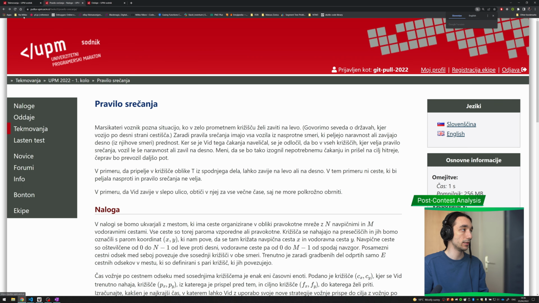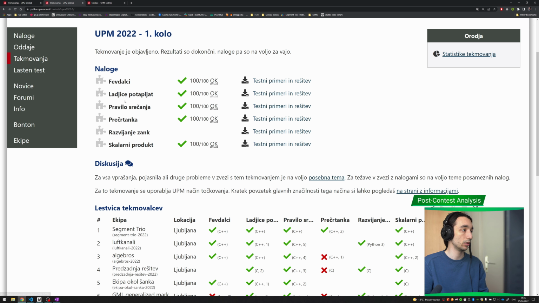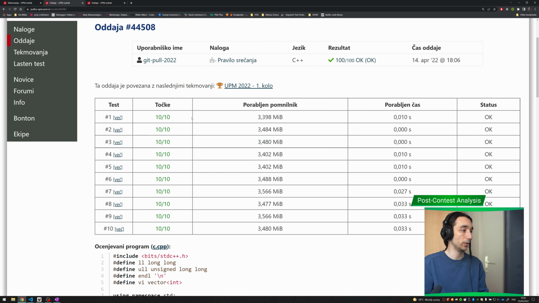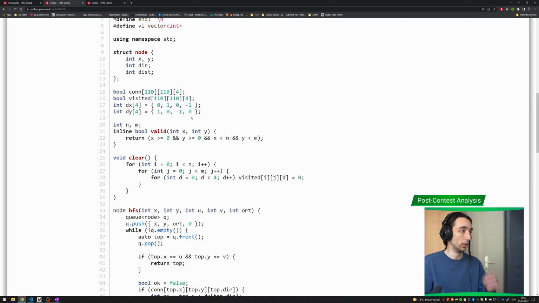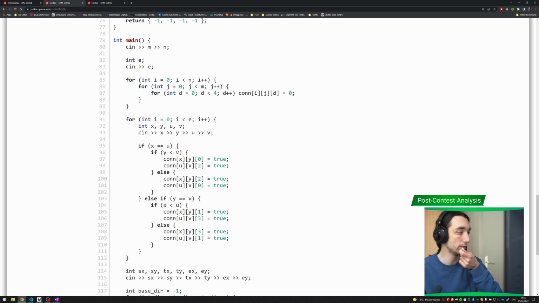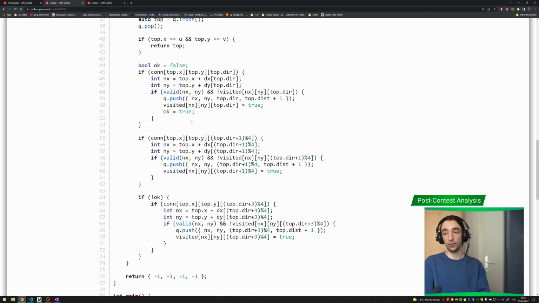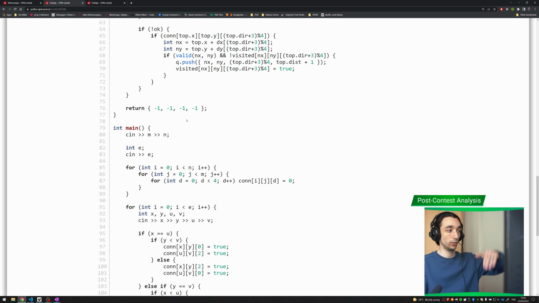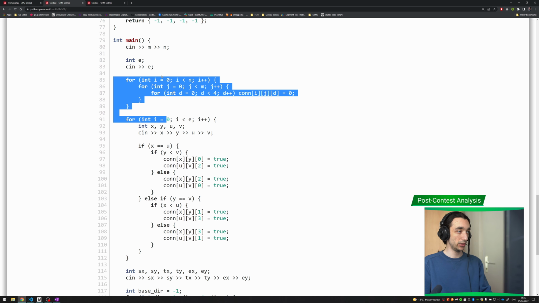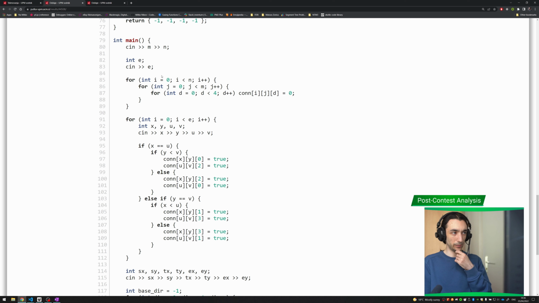Yeah, that's pretty much it about the problem. Let's see the solution. If you want to solve the problem, just pause and go solve the problem. We set up this connection network. This is just saying, okay, we can go. This is just adjacency. It's just a matrix, but it's not adjacent.